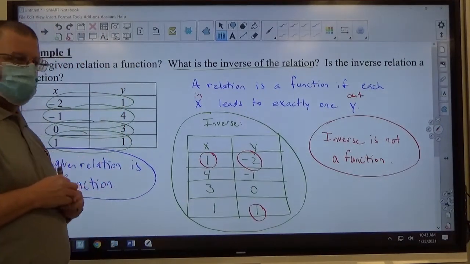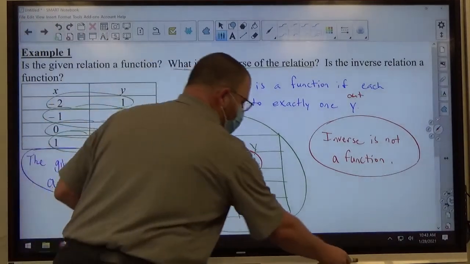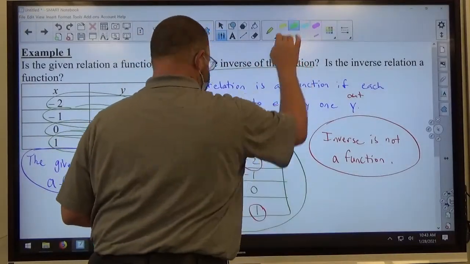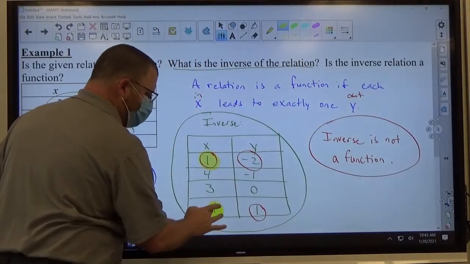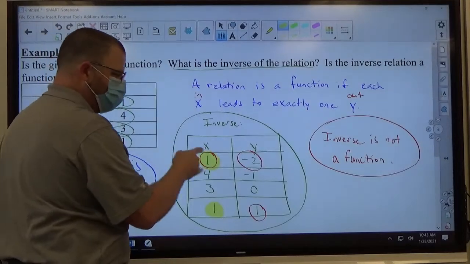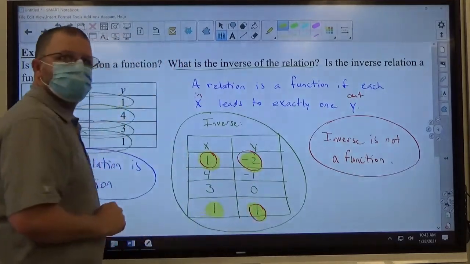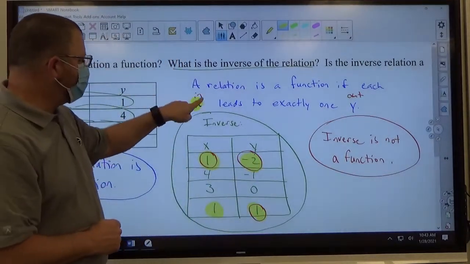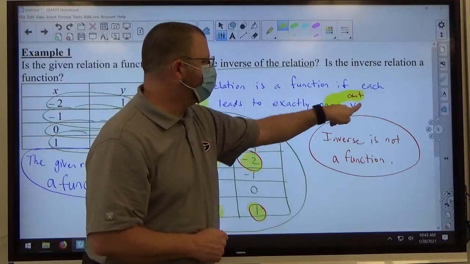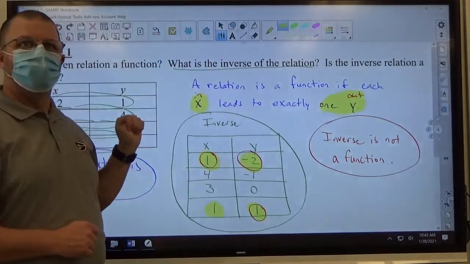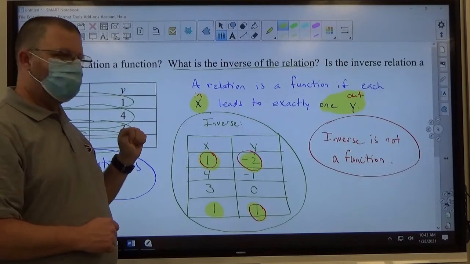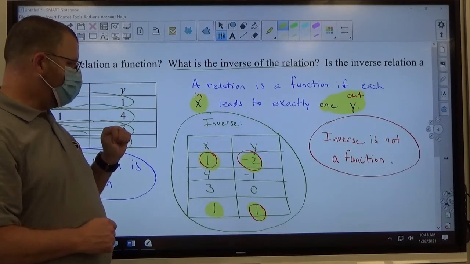So those 2 ones got you -2? Yeah, so these are the same number input that lead me to different numbers output. If any one input leads to exactly one output, then it's a function. If not, it's not. But how do you get 1 times 1 equals -2? I didn't get 1 times 1.